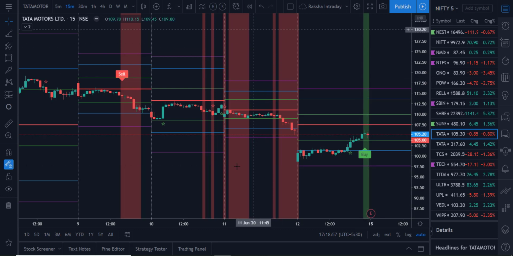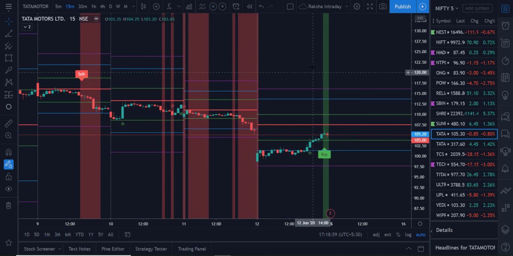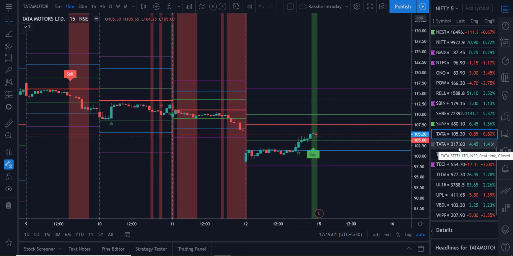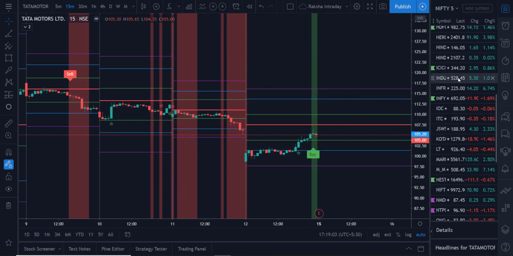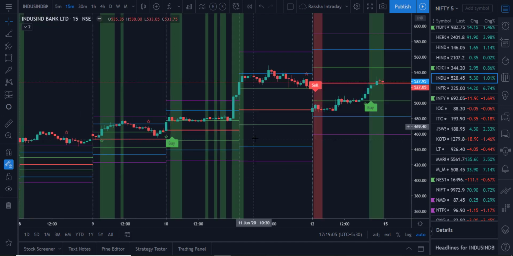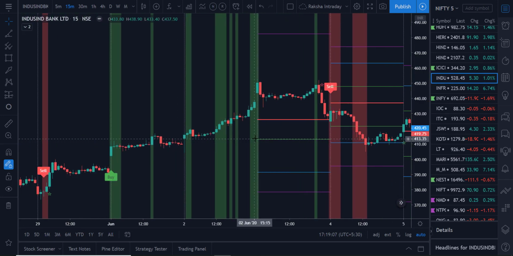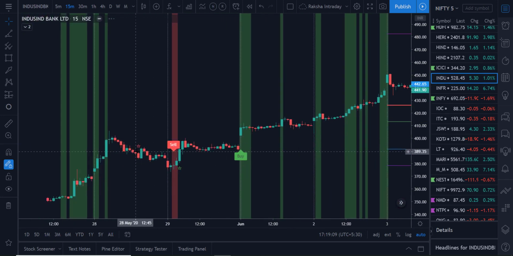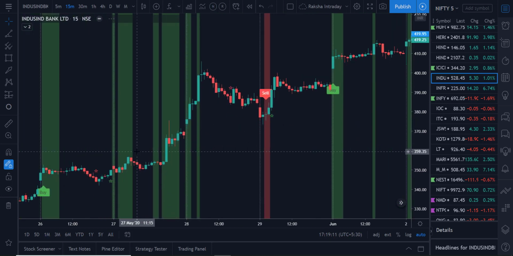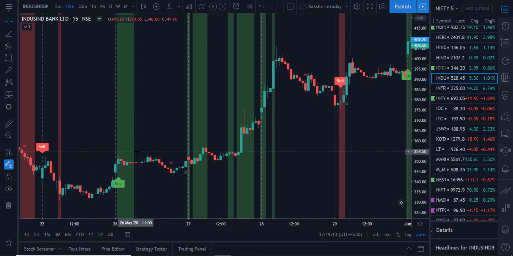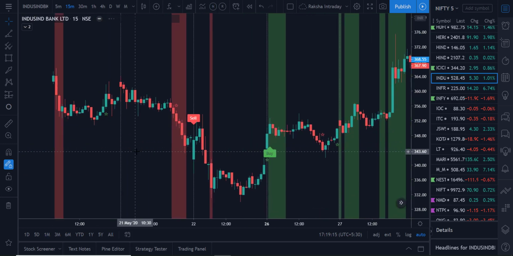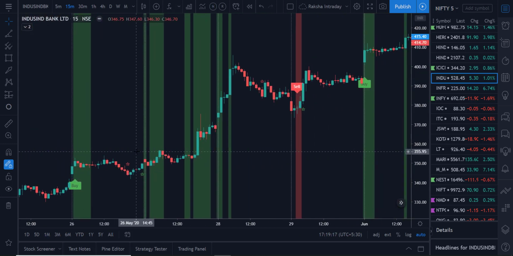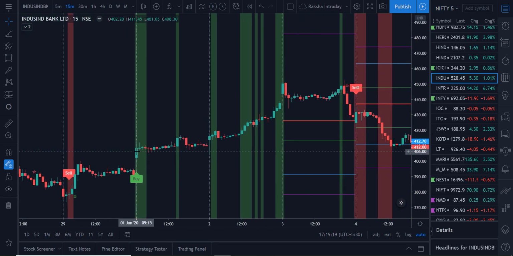There are no other lines there. So I'll randomly select one more, IndusInd Bank. The reason for IndusInd Bank is also that it is mostly traded in the recent month. So I'll just quickly check for this setup.